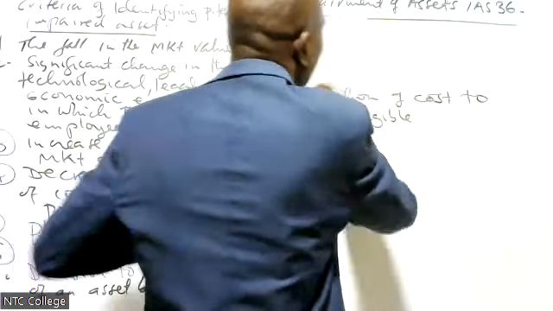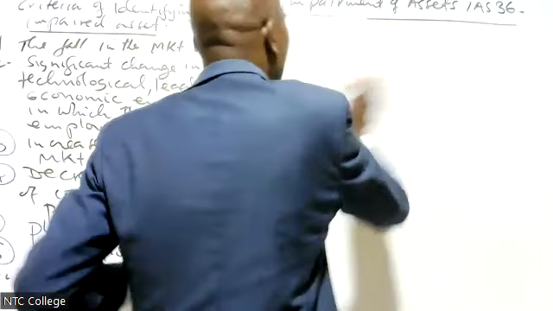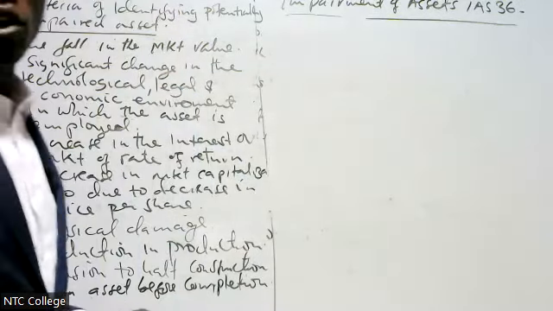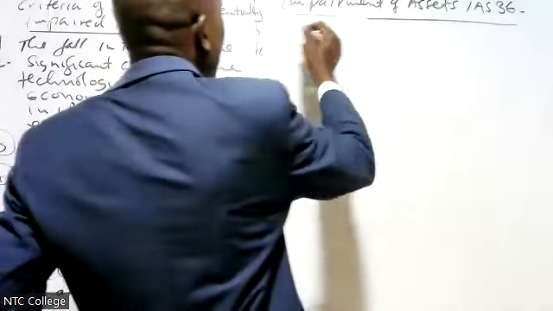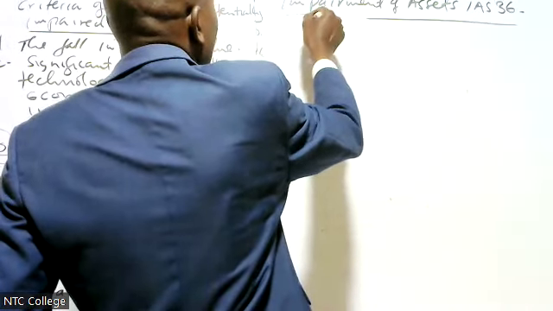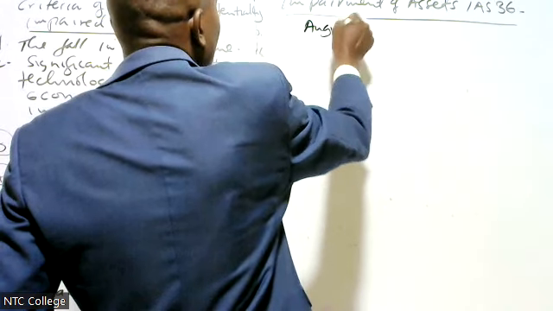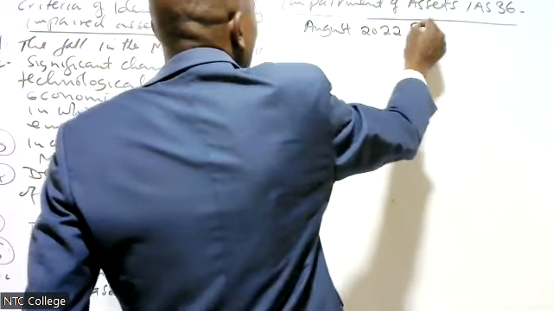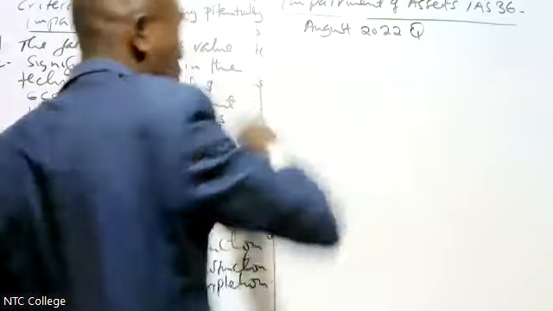Now I believe you are okay. Now let's look at one or two questions there so that we move on with this good concept. We are starting with two questions. Let's start with ACAST 2022, question number 2.